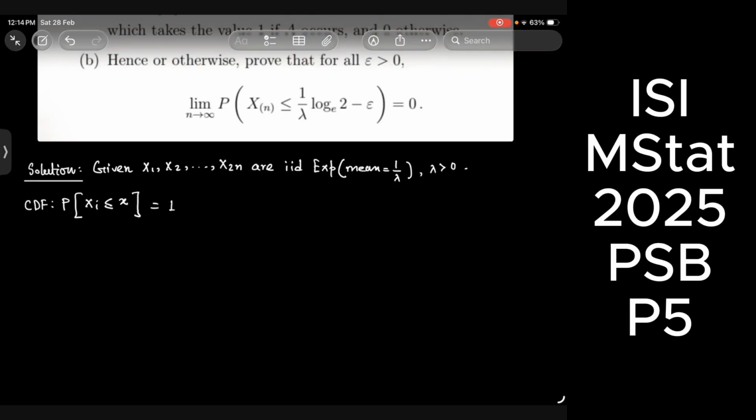Okay, Piyush. 1 minus e to the power minus lambda x. Correct.